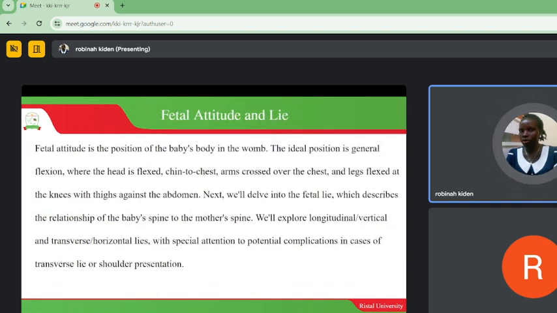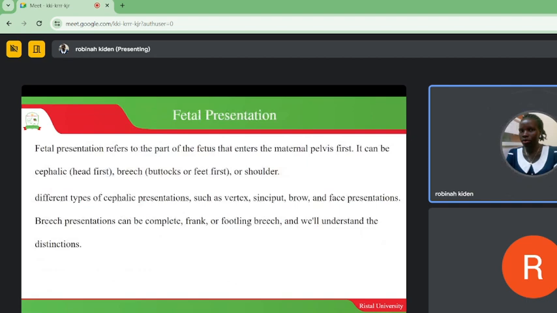Fetal attitude is the position of the baby's body in the womb, and the ideal position is general flexion, where the head is flexed, chin on the chest, arms crossed over the chest, and the legs flexed at the knees with thighs on the abdomen. So this is what we have already talked about. I don't need to explain more.